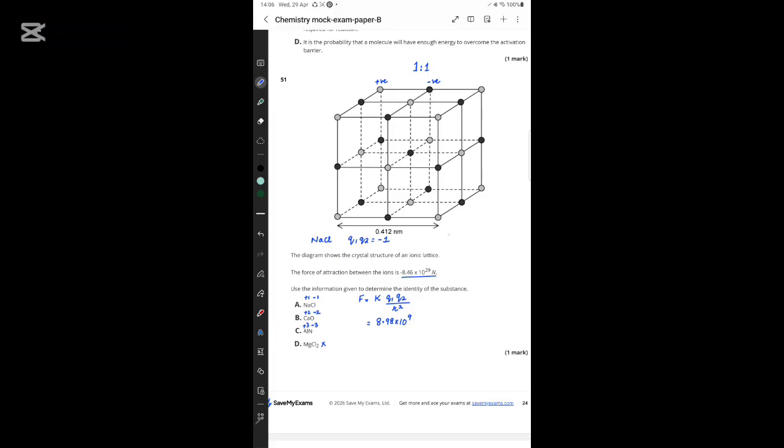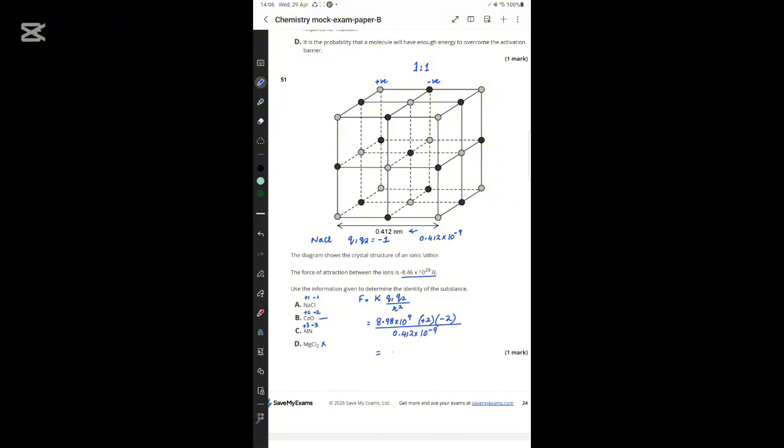So if you put in the value for calcium oxide, that is +2 and -2 for Q1 and Q2, and for R squared, we have 0.412 nanometer, which we have to convert into meters. That is 10 raised to power -9, so 0.412 times 10 to the power -9.